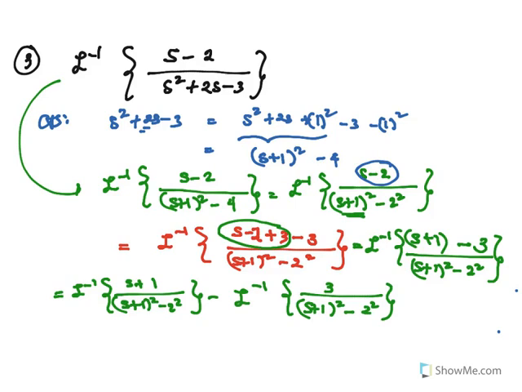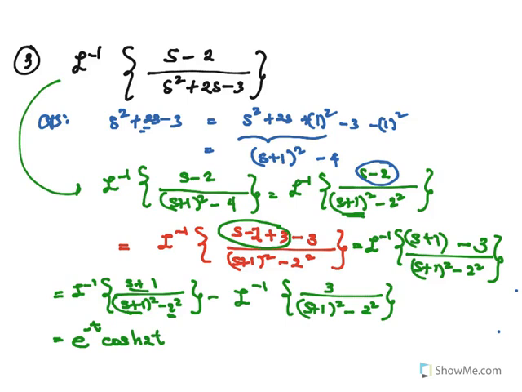The first term is readily yielding cosh kt because there is an s on top. But because of the s plus 1 there, it means it is shifted at a equal to negative 1. And so this is equal to cosh 2t. So your k is 2. But since shifted, you have e to the negative t multiplied to it. Your a is negative 1.